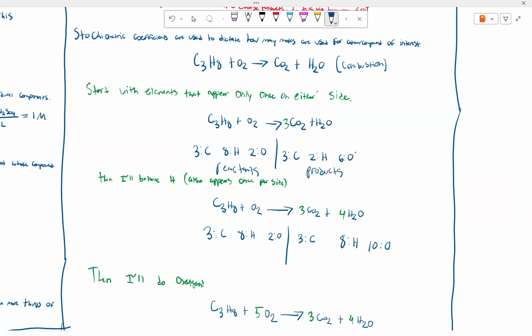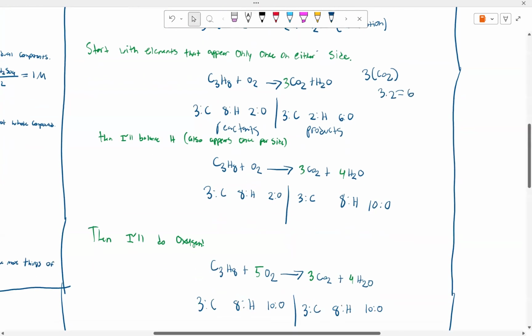When I multiply by this coefficient, imagine there are parentheses here, so it's 3 CO2. Three carbons, then oxygen: because it has a subscript of 2, I'm doing 3 times 2, which is 6. So this is what I'm left with after adding that coefficient.